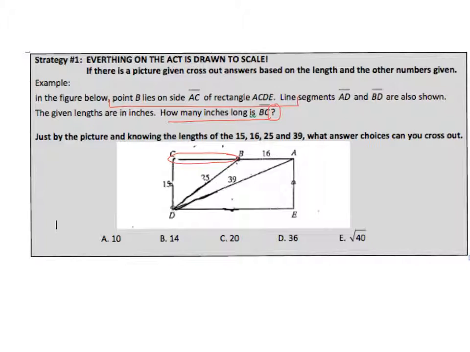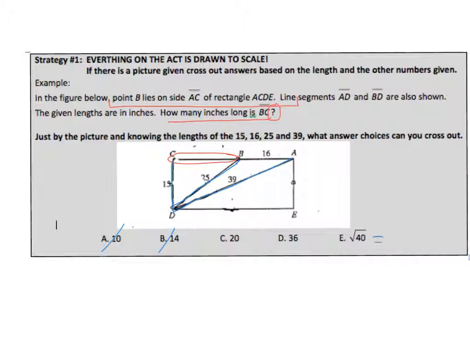So if I look at this side length and I look at the other sides that it's given me, that CD is 15, BD is 25, and DA is 39. The first thing I do is compare it to the side of 15, and to me it looks longer than 15, so I'm going to eliminate A and B. And then the other choices that you have are 20, 36, and then the square root of 40.